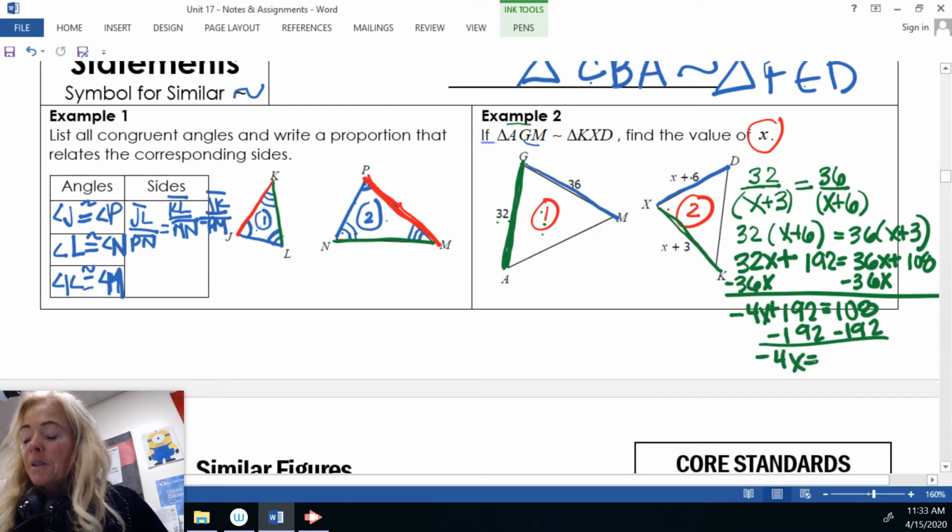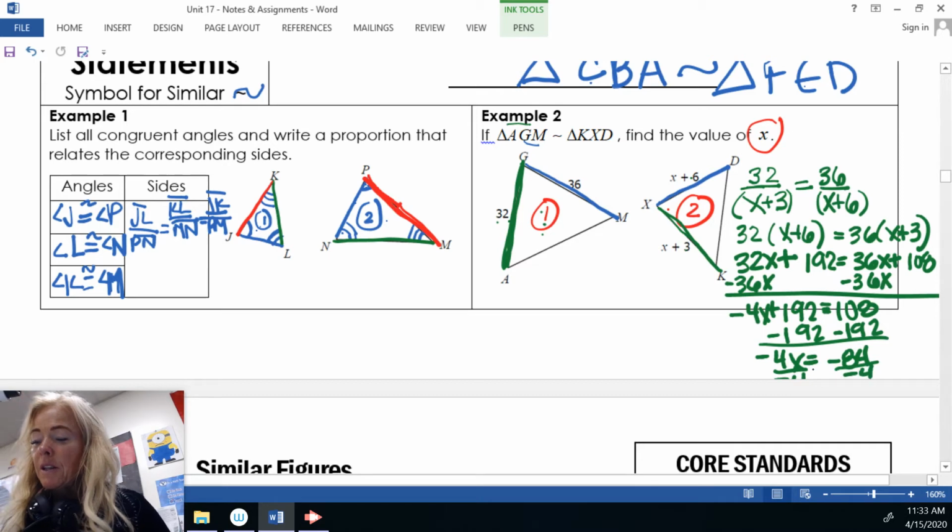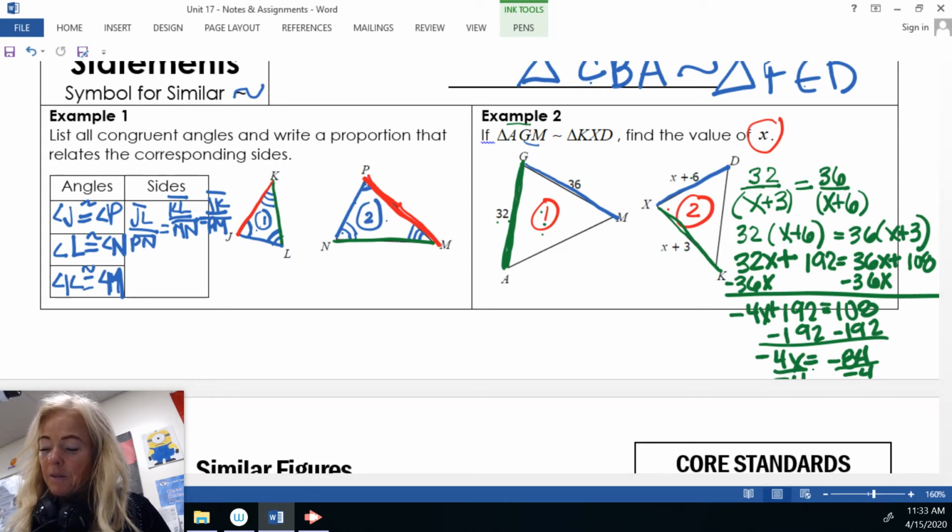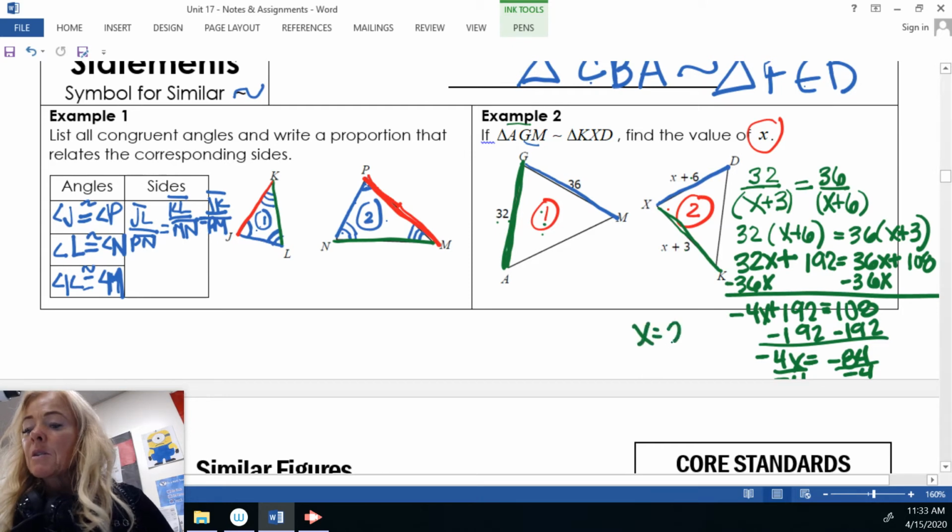Negative 4x is equal to 108 minus 192, which is negative 84, and you must divide by negative 4, and that makes 21 for both the negatives, so you'll have a positive answer. So x is 21. All right.